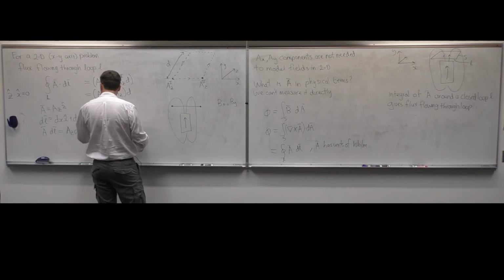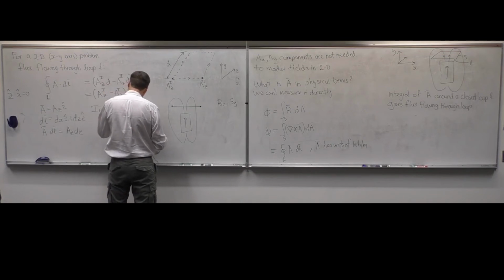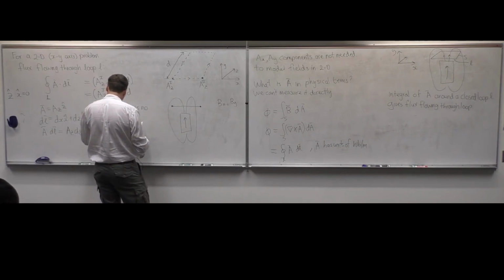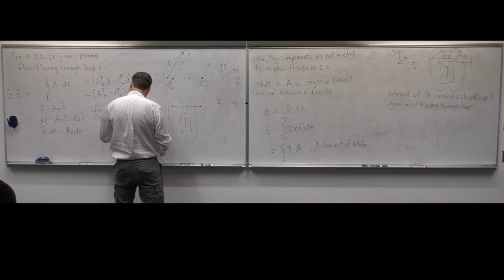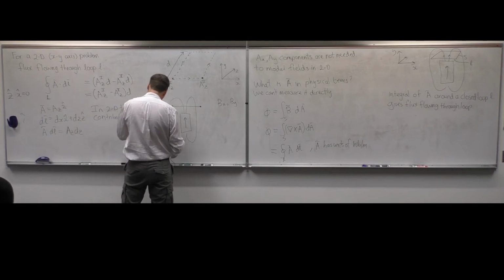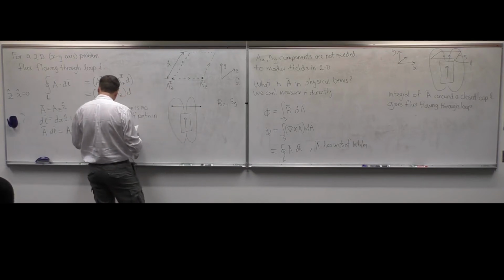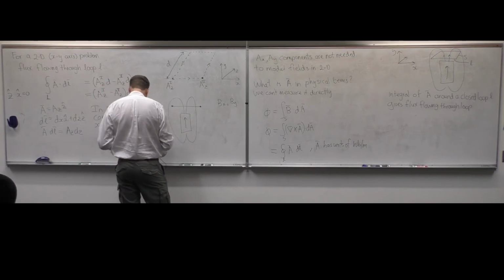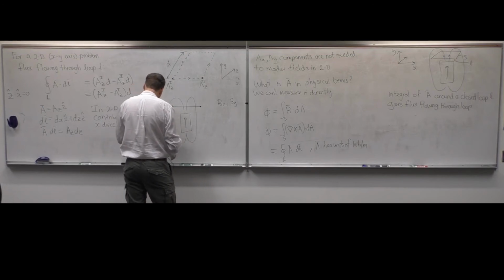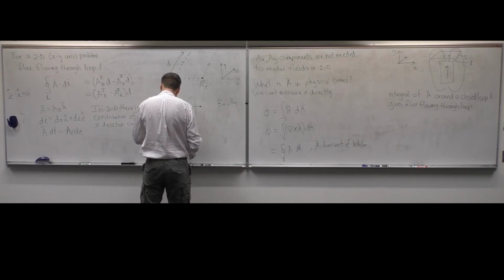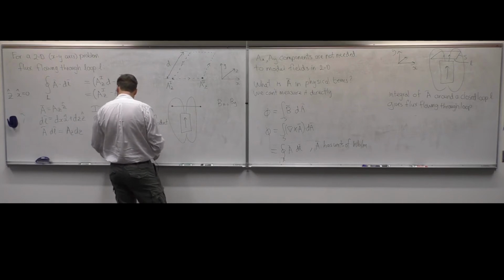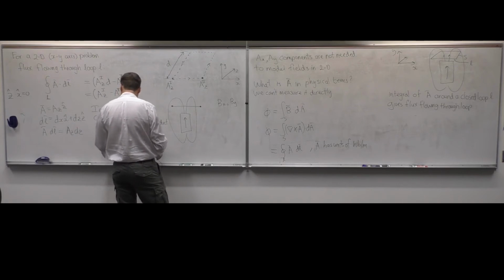In 2D, there is no contribution of path in the x direction, since the dot product with AX is equal to 0.